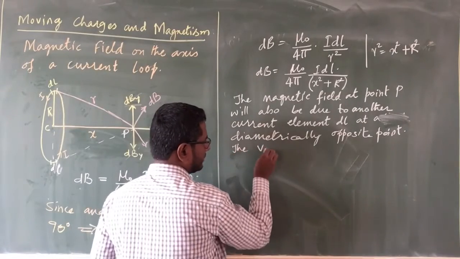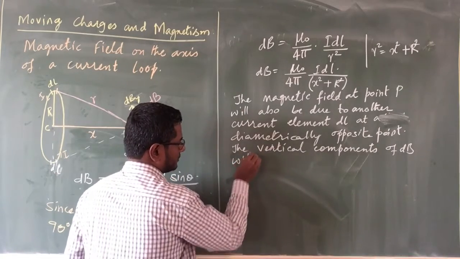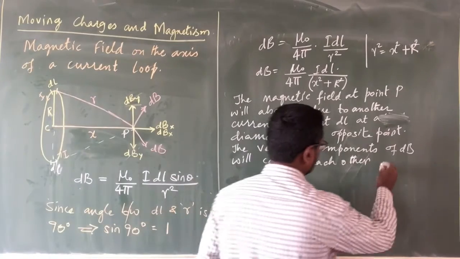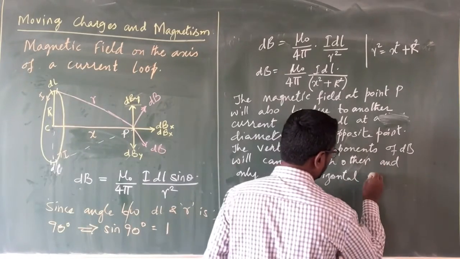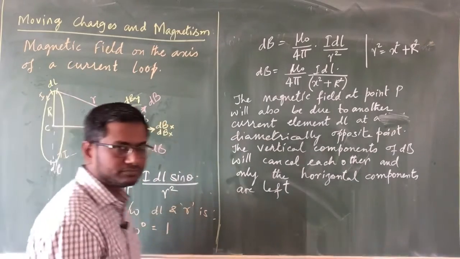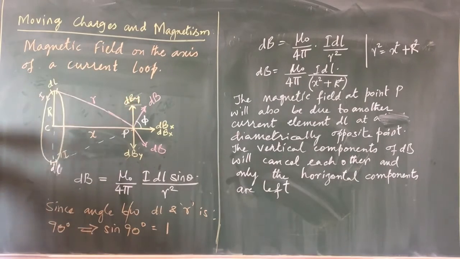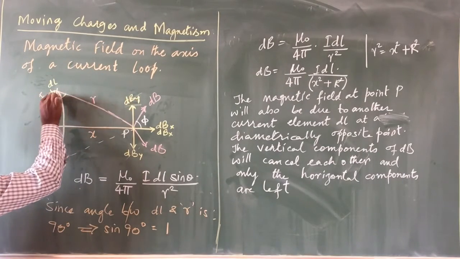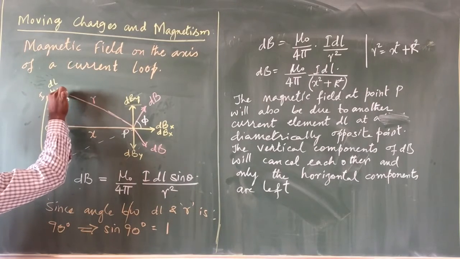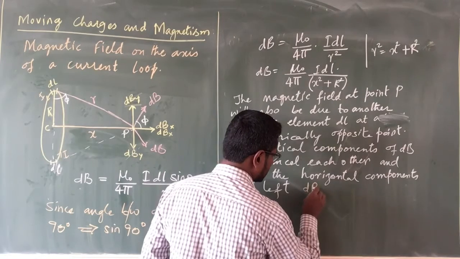The vertical components of dB will cancel each other, and what is left is only the horizontal components. This angle we are going to take as phi. Whatever angle appears here, the same angle appears between this small letter r and this capital letter R. So I can write that angle phi inside the triangle.